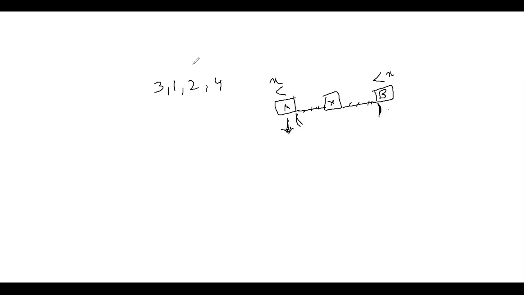If A is smaller than X, and B is also smaller than X. So A is the first guy who is smaller than X towards left. A is smaller than X. B is also smaller than X. This is towards left and this is towards right.